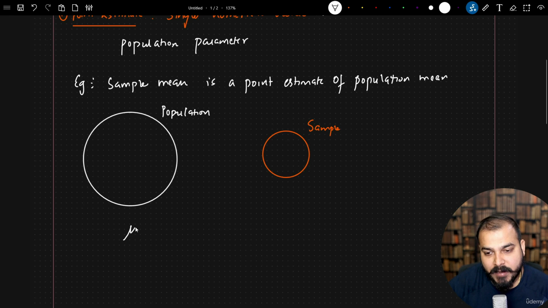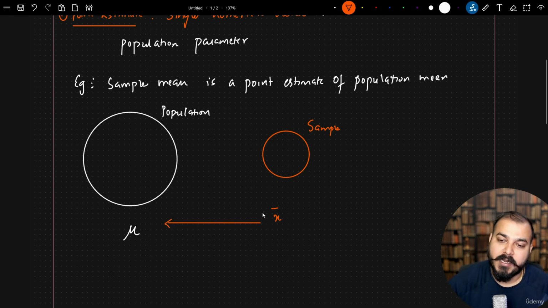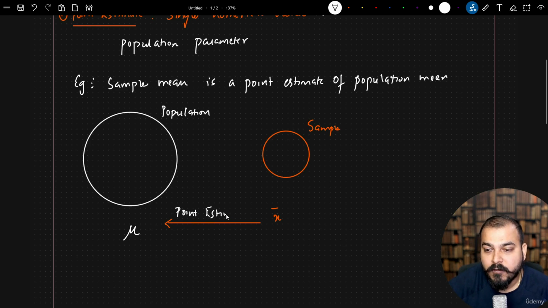With respect to the population, I will get the population mean, and with respect to the sample, I will get the sample mean. So I can say this sample mean is an estimate of the population mean. This is specifically a point estimate because it is just one value. We say this x bar is a point estimate of mu, which is the population mean.